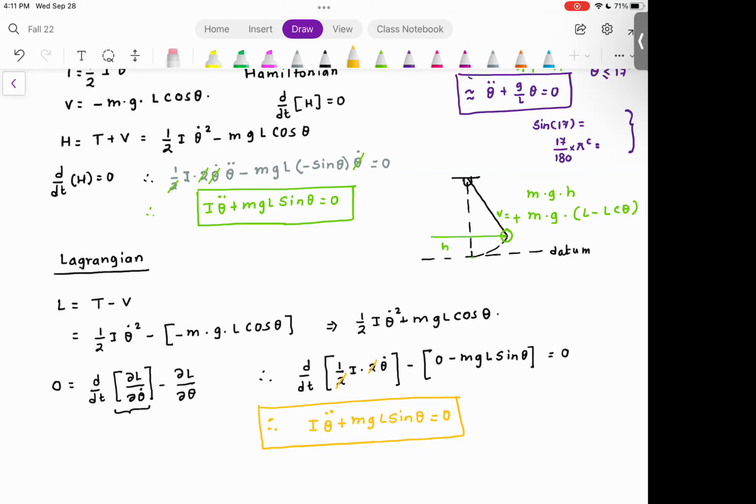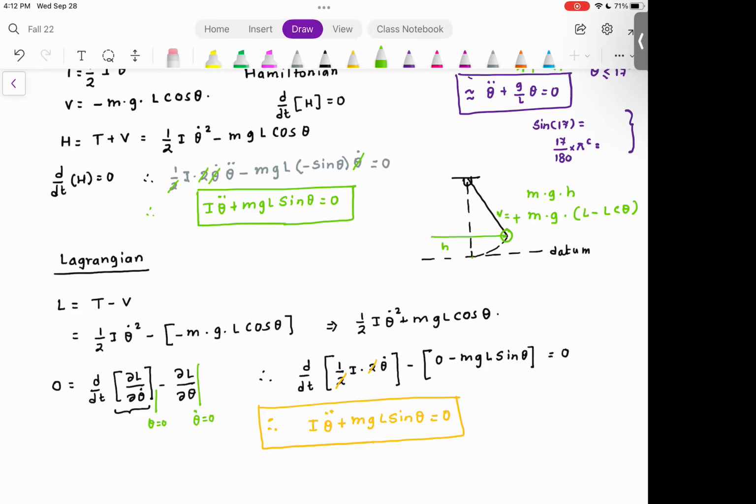Yes, Professor. In this term, you take a partial derivative for both the terms, right? Correct, for theta dot squared and mg sine. And this constant goes to 0. Okay. This guy implies theta is equal to 0, this guy implies theta dot is equal to 0.